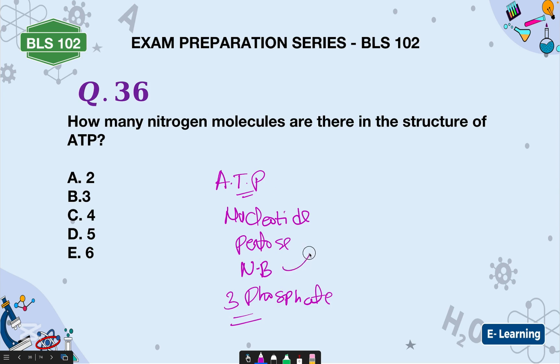Now, this nitrogenous base that is present in ATP is adenine. And adenine, from my understanding, has 4 nitrogen, not 5. It has 4 nitrogen. All right. Any other thing has nitrogen in ATP?